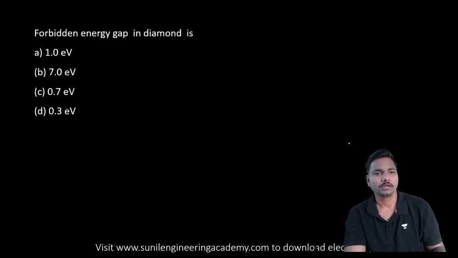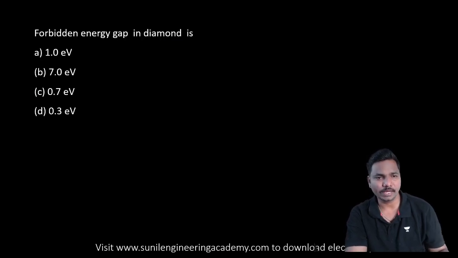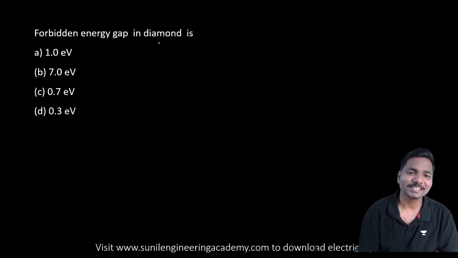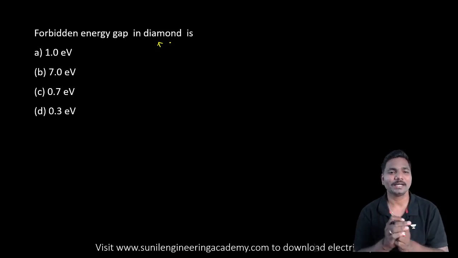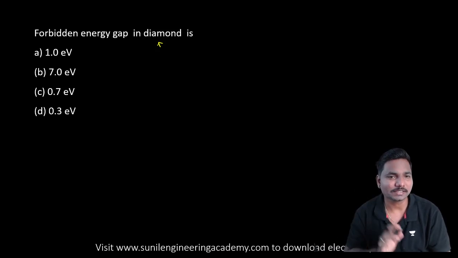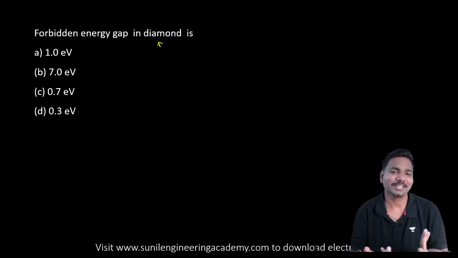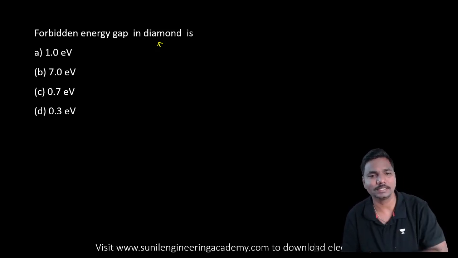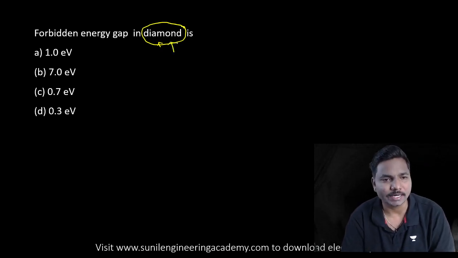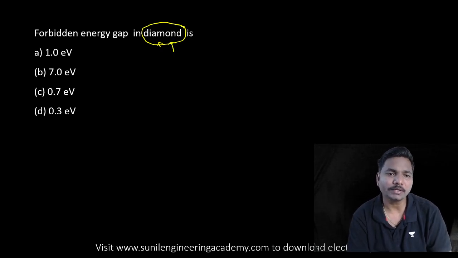Forbidden energy gap in case of diamond. If you are asking what is the forbidden energy gap in case of copper, silver, or diamond, how can you answer? How to remember? This is a very simple logic, guys. If you know the type of material, whether it is a conductor or insulator or semiconductor, based on that we can give the answer.